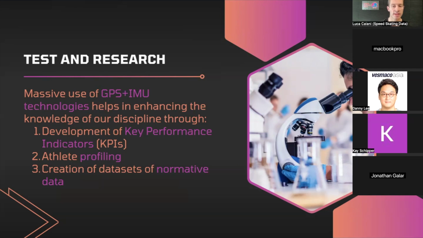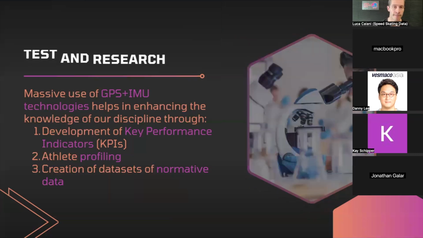And you can do some tests and see if your athlete is over or underperforming these thresholds. You can profile your athlete, and maybe you can have some radar chart for your athlete. I'm good at keeping speed high for a long time, or maybe I'm better at accelerating. We can create a dataset of normative data for every category.